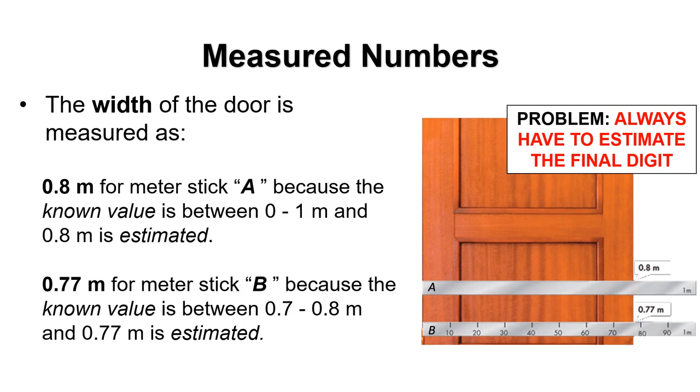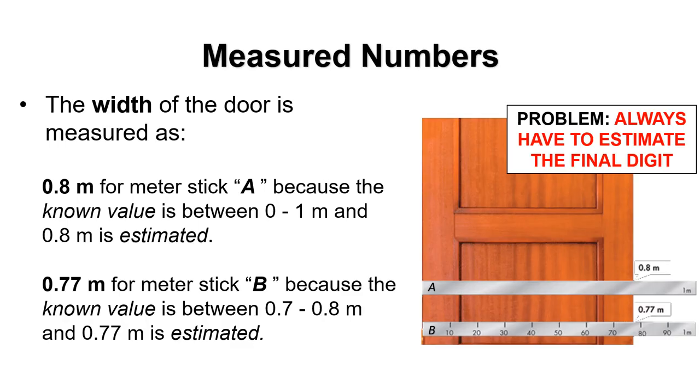Here's the problem. We always have to estimate the final digit. If we estimate, it means, remember, we are not being exact. Of course, we can't say stick A is 1.2.